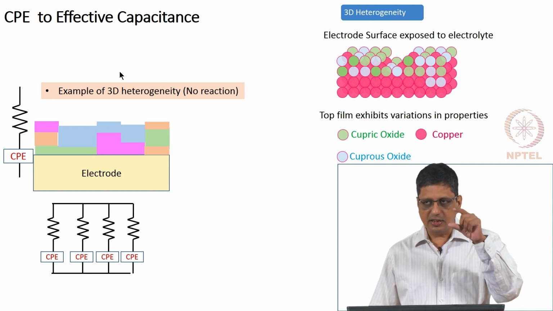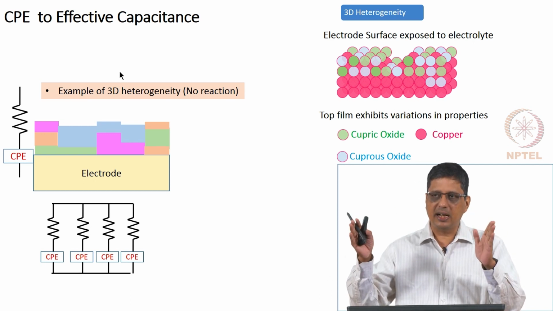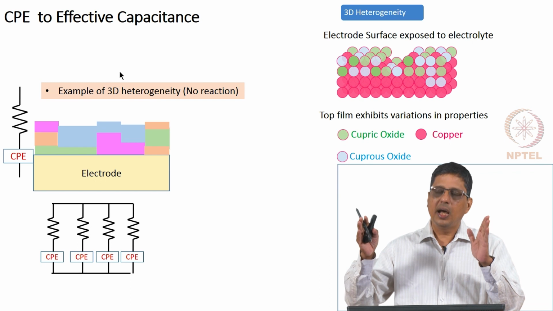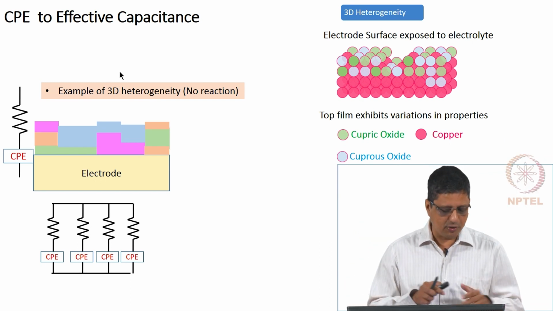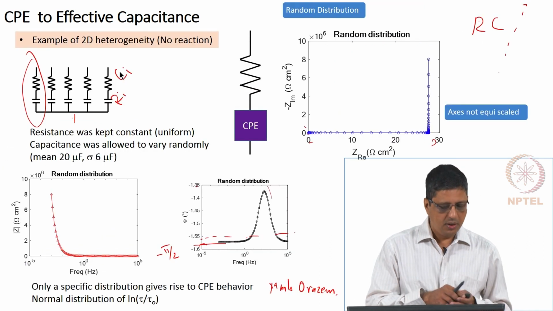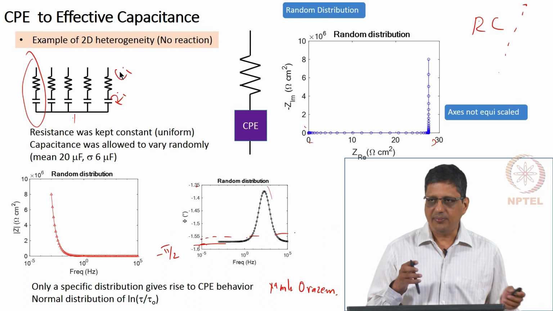So, each resistance is going to be a large resistance, but when I have many large resistances in parallel, I am going to add the admittance of these to get the effective admittance, right. In this case, of course, I am going to add the admittance of this unit, not just the resistance.